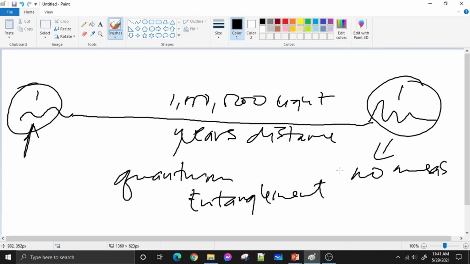Okay. So with this theory of quantum entanglement, there are some wild speculations that, because of quantum entanglement in the quantum world, we could communicate with other humans or other species from other galaxies or other planets.